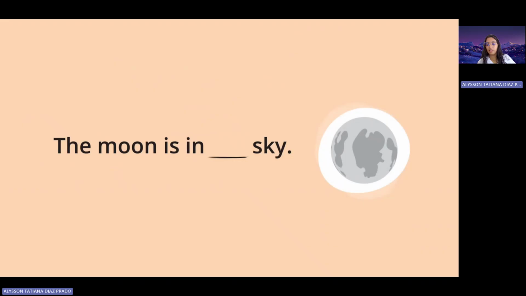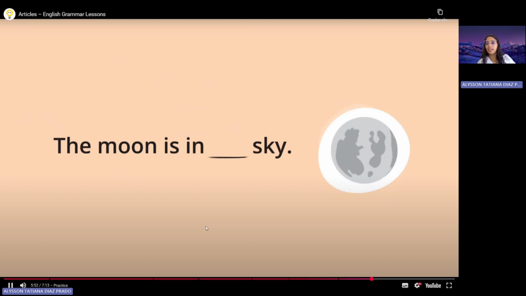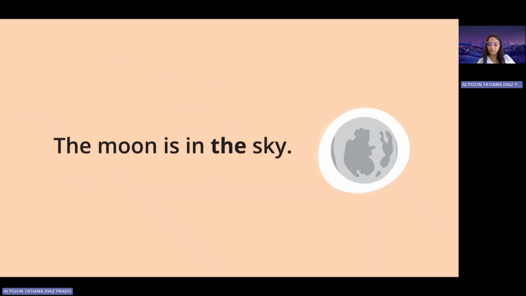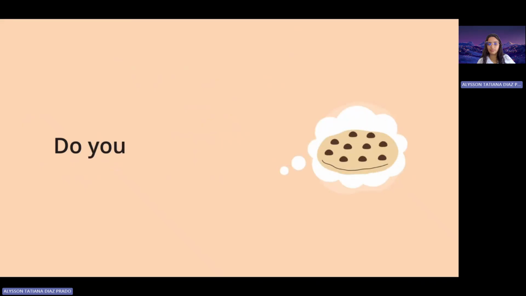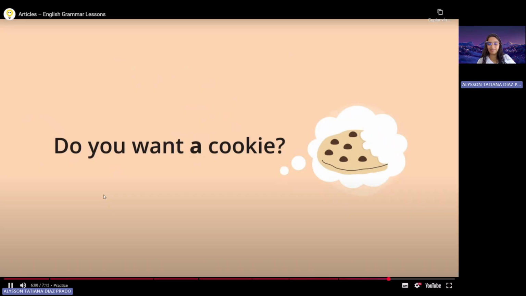The moon is in a sky or the sky or an sky. The moon is in the sky. Very good. Do you want a or an? Do you want a cookie? Very good.